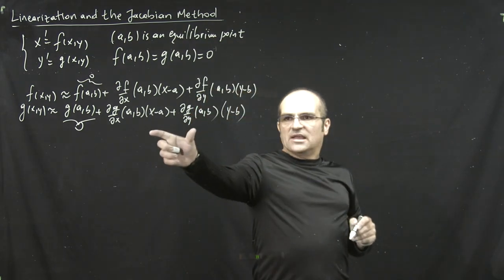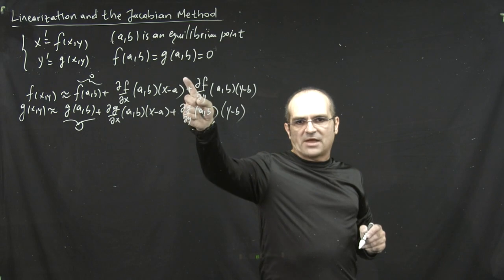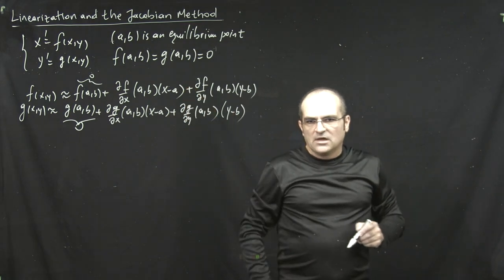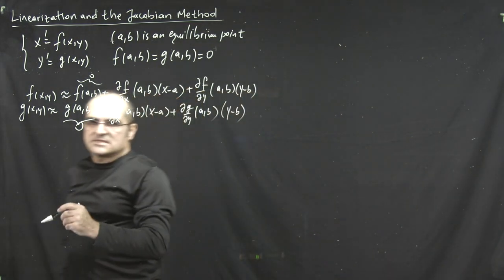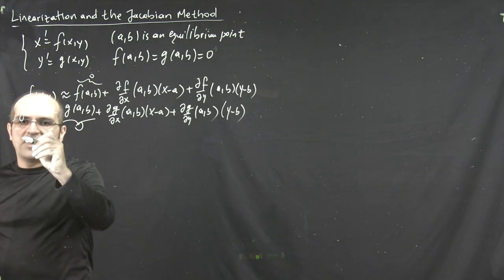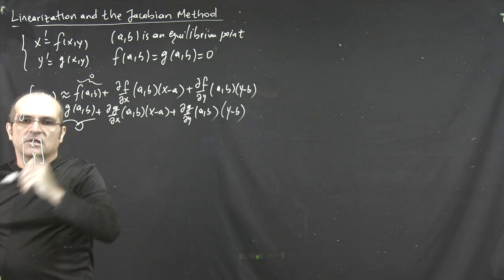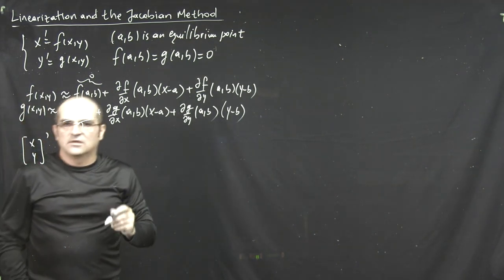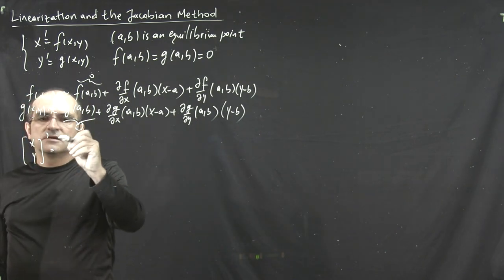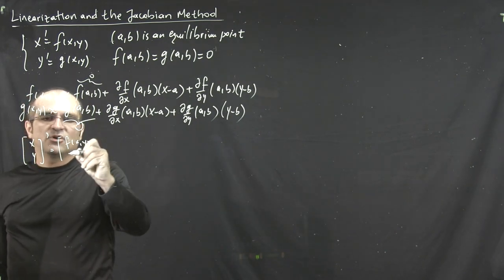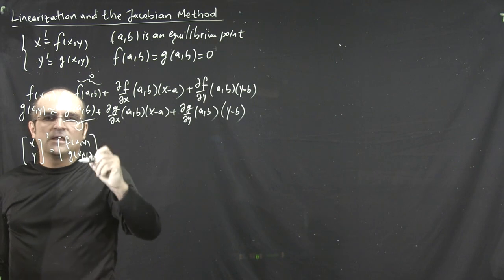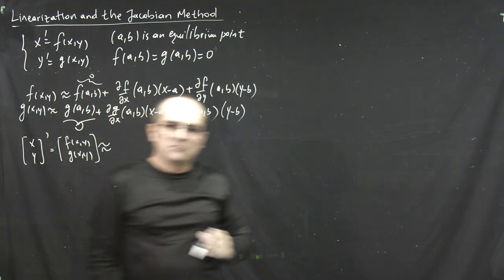And what is left is actually a linear system in x minus a, y minus b. In other words, this system that I started with, which is f of x, y, g of x, y, can be approximated by a linear system.